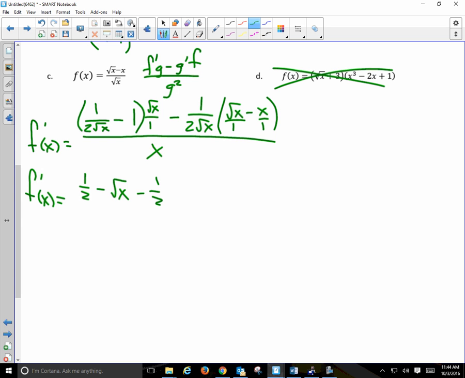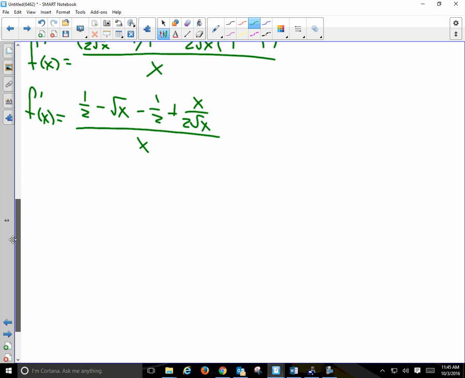It'll be plus x over 2 roots of x, all over x. What happens? 1/2 cancel. I get negative root of x plus x over 2 roots of x, over x.